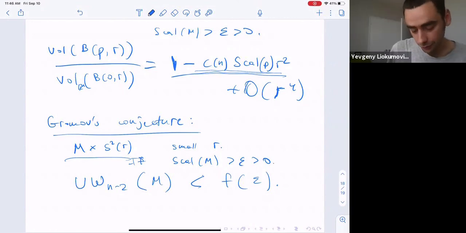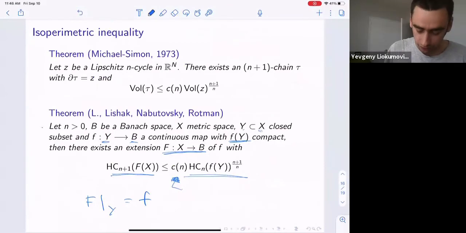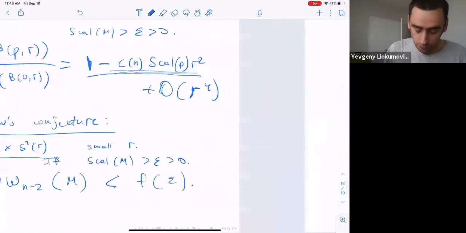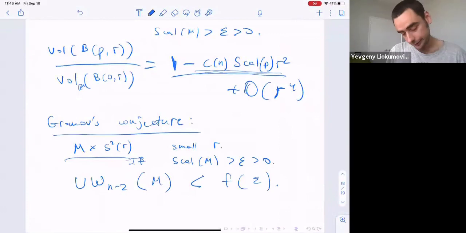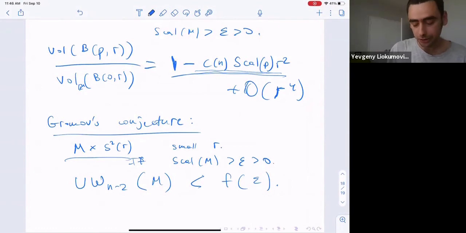So if you could strengthen some of these inequalities to optimal constants, then you may be very close to getting Gromov's conjectures, but this is even stronger, because the scalar curvature just tells you that on some scale your balls have volume smaller than Euclidean, and these results with optimal inequalities could tell you that if on any scale your balls look smaller than Euclidean, then your manifold globally looks like it's actually smaller dimensional.